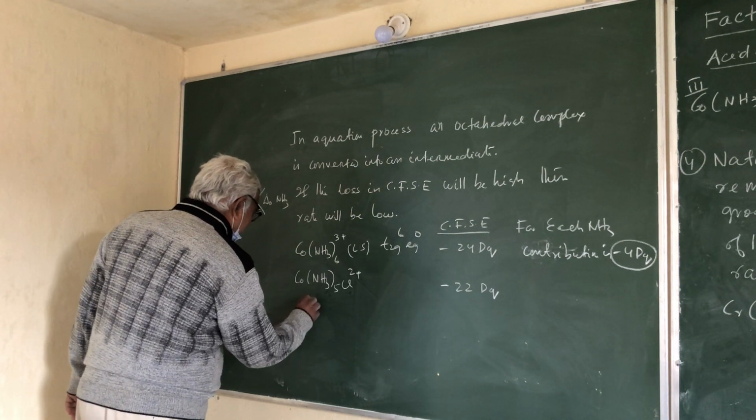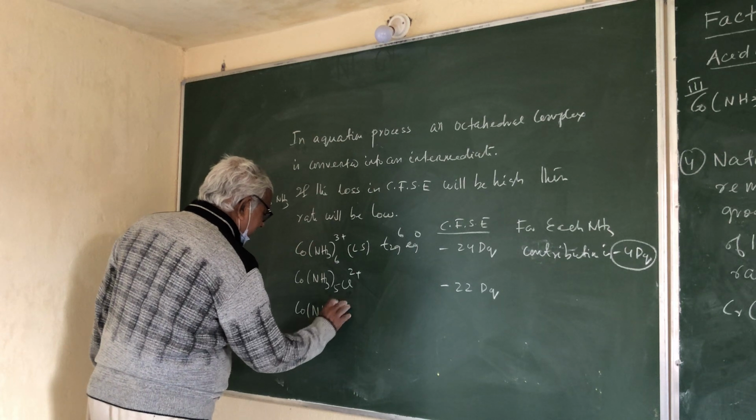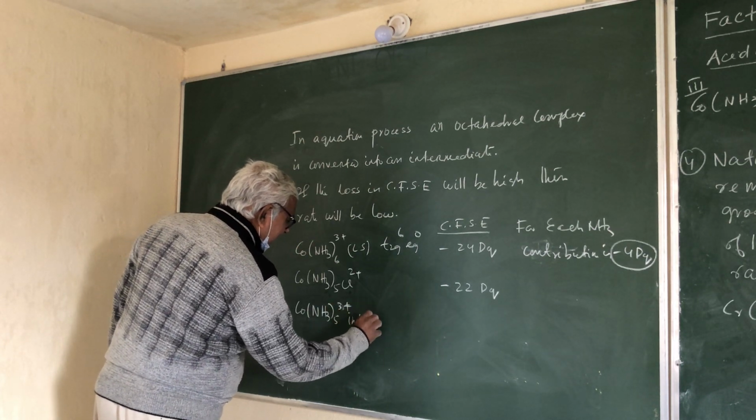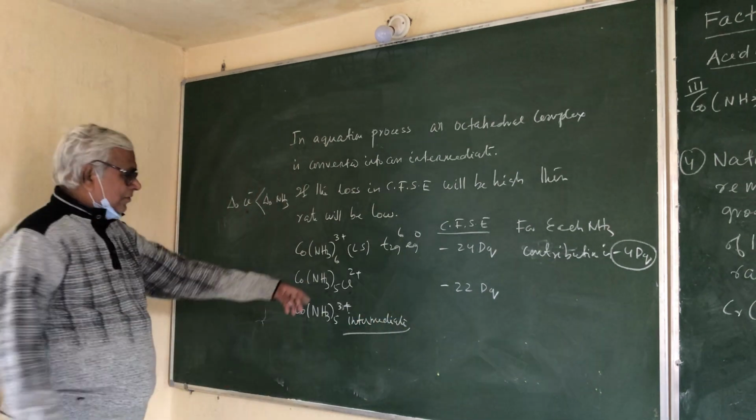So this is the intermediate. One of the chlorides is lost.